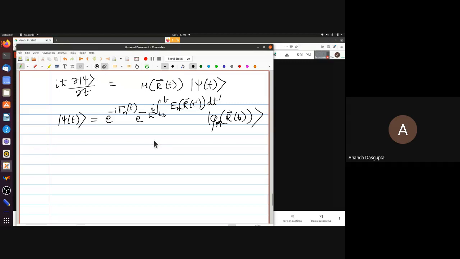Now, what will decide what γn(t) is going to be? If I ask you, after you are proposing that this is the wave function, the state evolves, and I want to figure out γn(t), what is the tool that we have in our hands to figure out γn(t)?